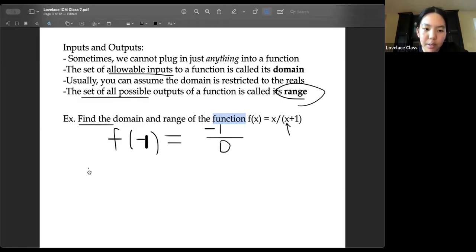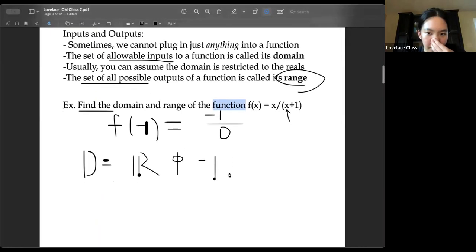So the domain would be all the reals except for -1.